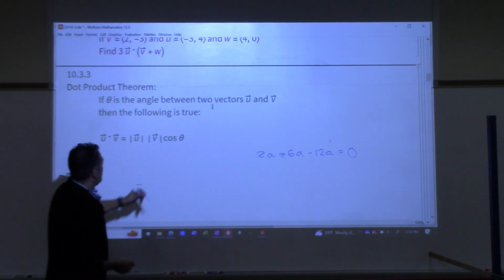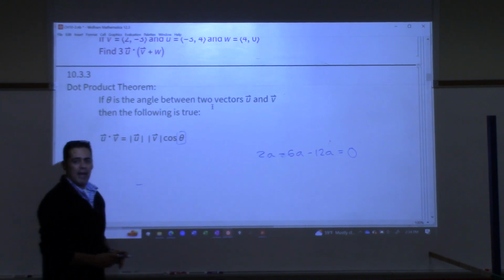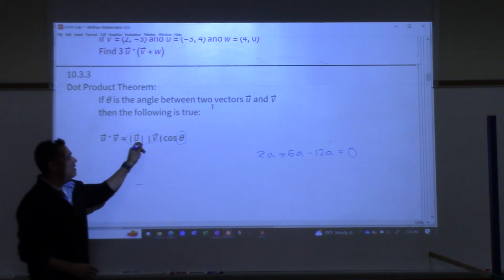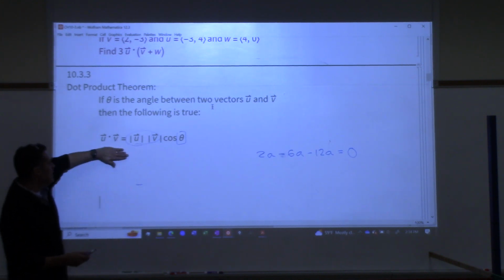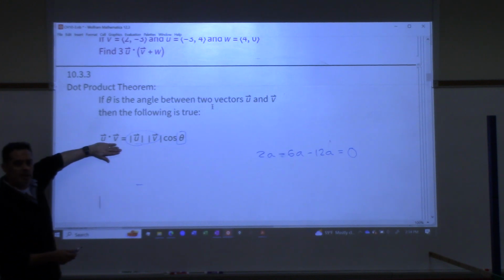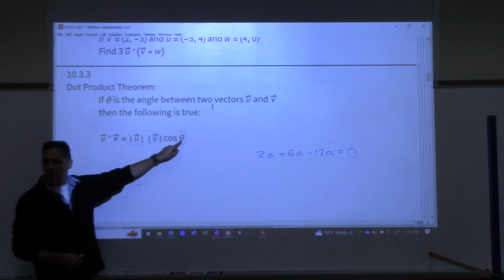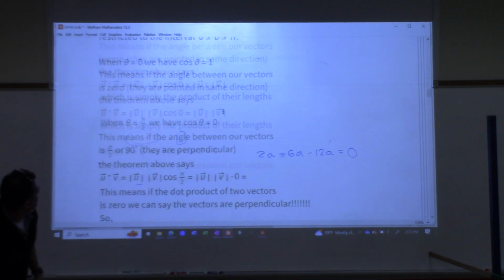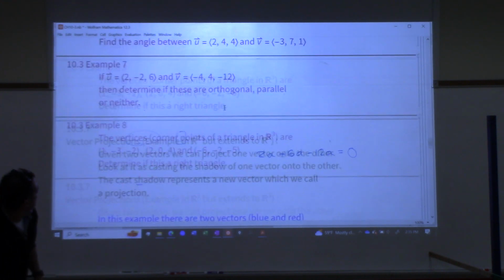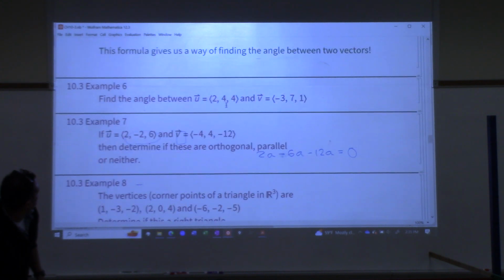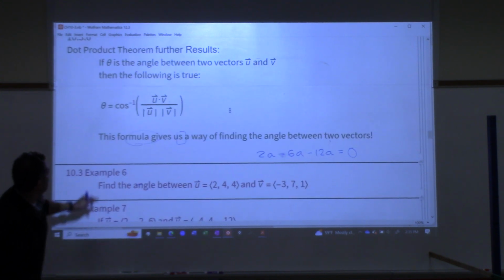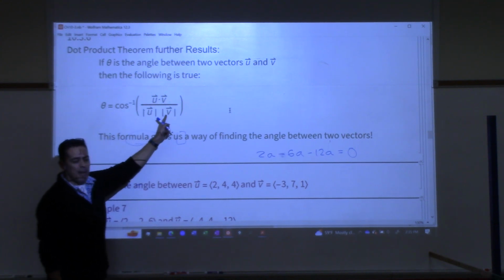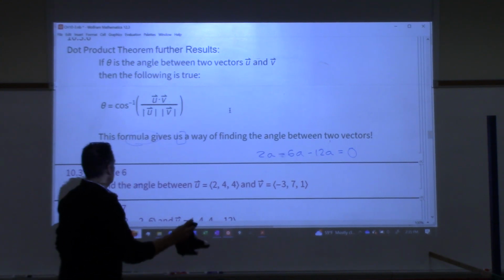If I asked you to solve for theta, you would first divide both sides by this, get rid of those numbers, and bring it over underneath. Then to get theta out of the cosine, you would take inverse cosine on both sides. And that's exactly what this is saying: to find theta, you take the inverse cosine of the dot product divided by the magnitudes of the vectors.